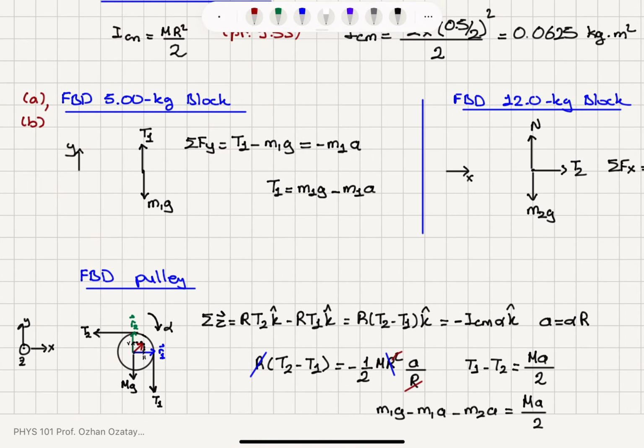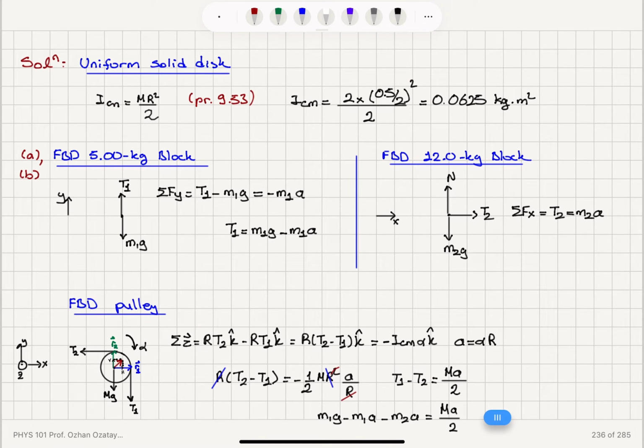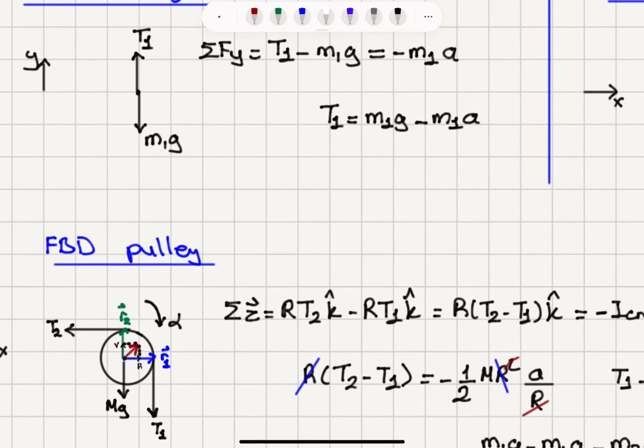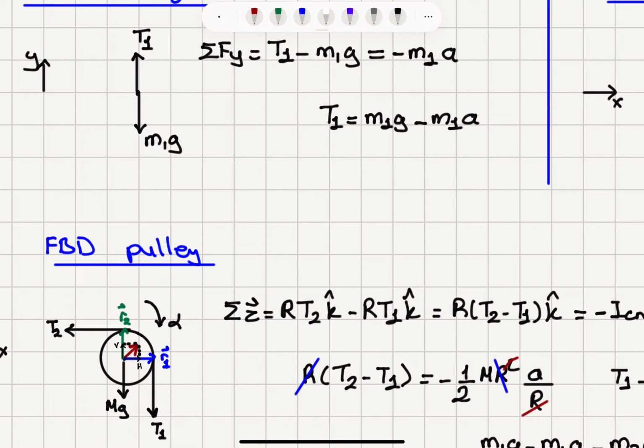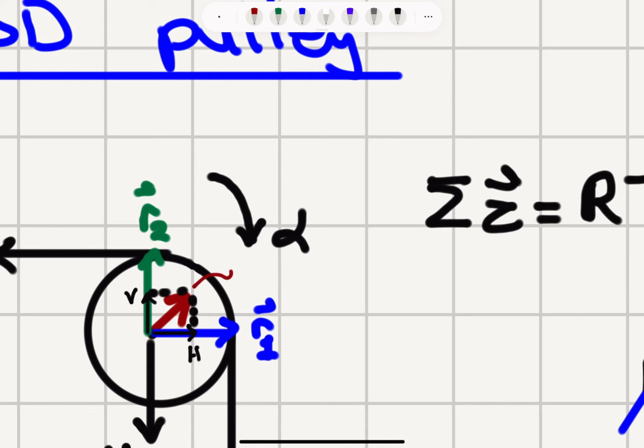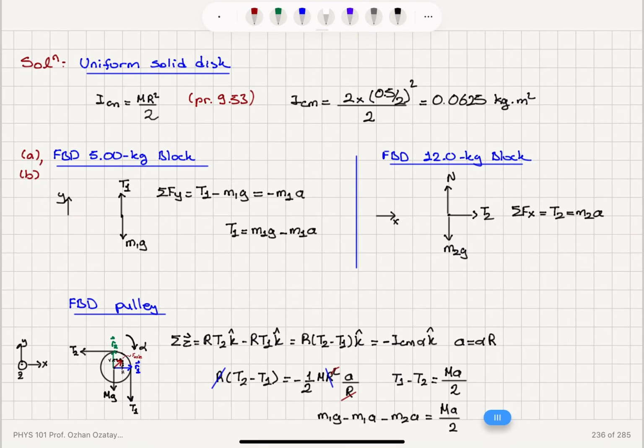Okay, so these horizontal and vertical components are the components of the force, this red force exerted by the axle. So this force I can label basically force exerted by the axle. Okay, so it's F axle.